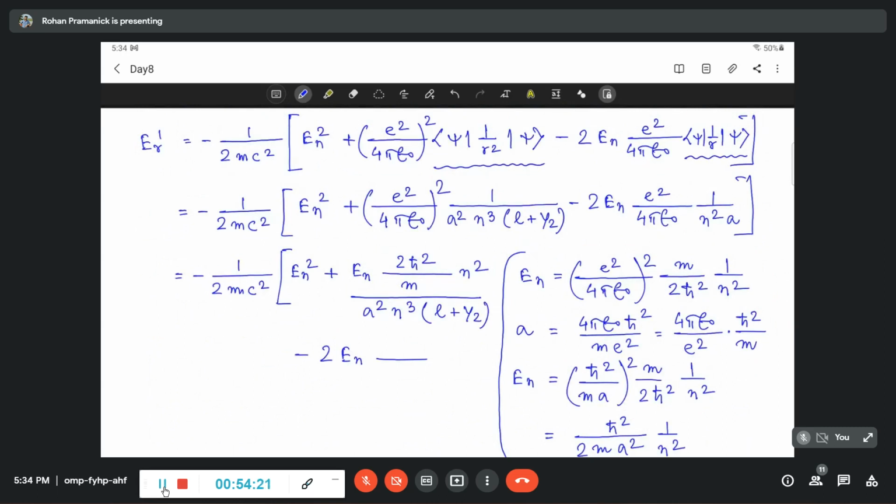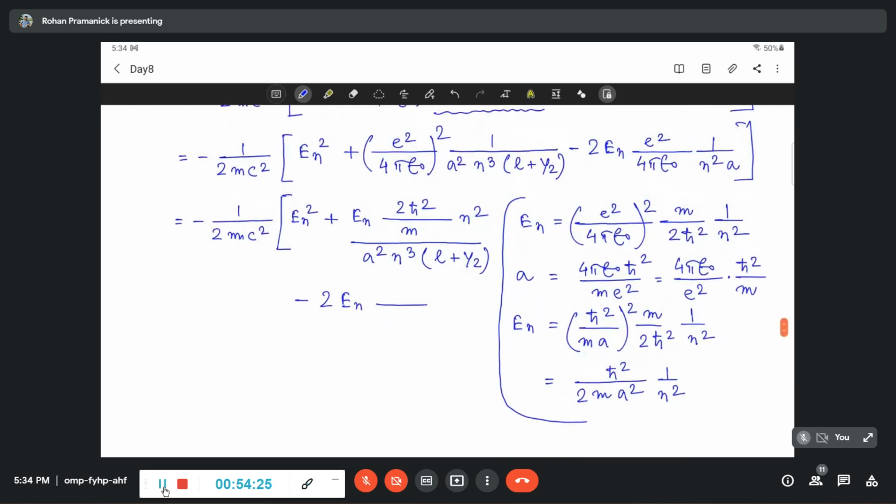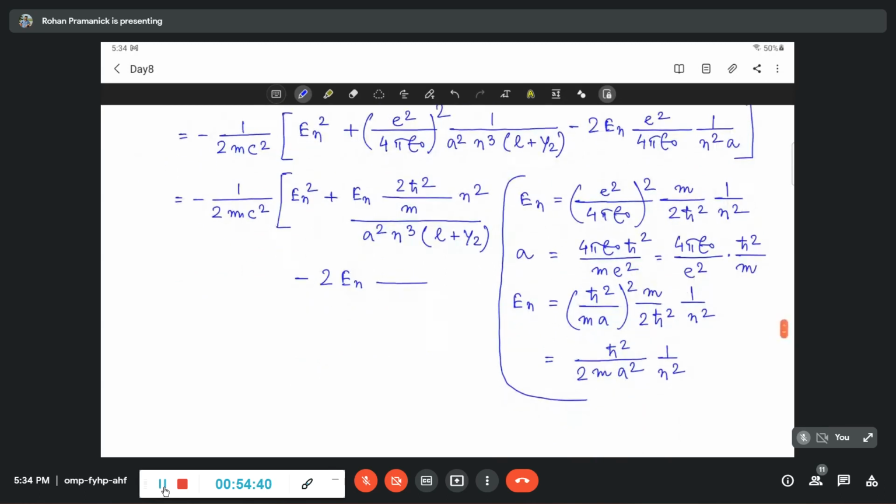Okay, so 1 by n squared, e squared by 4 pi. Let's keep it as it is. So you will see that all these things will come out to be of n squared. That's what I want to show you.